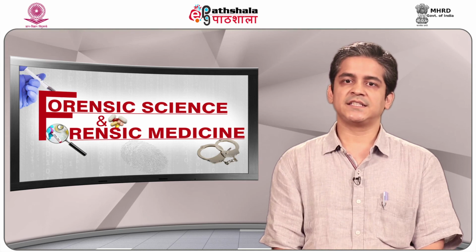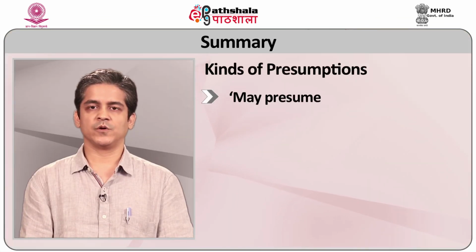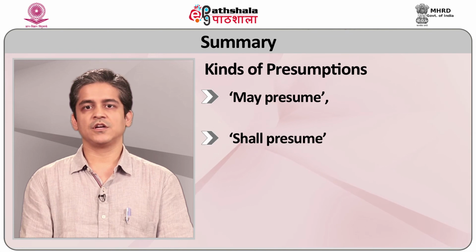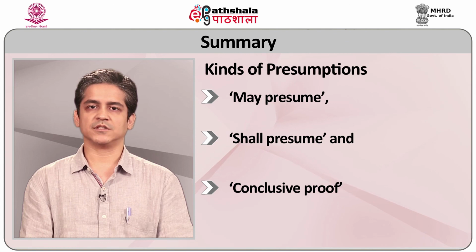And there are three kinds of presumptions prescribed by law, which can be differentiated by use of phrases: "may presume", which stands for rebuttable presumptions at the discretion of the court; "shall presume", which are rebuttable presumptions mandated by law; and "conclusive proof", which indicates an irrebuttable presumption.